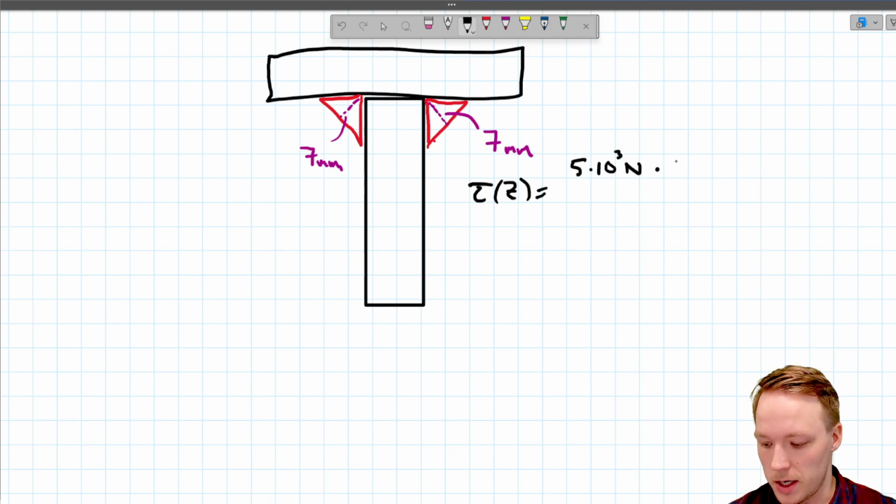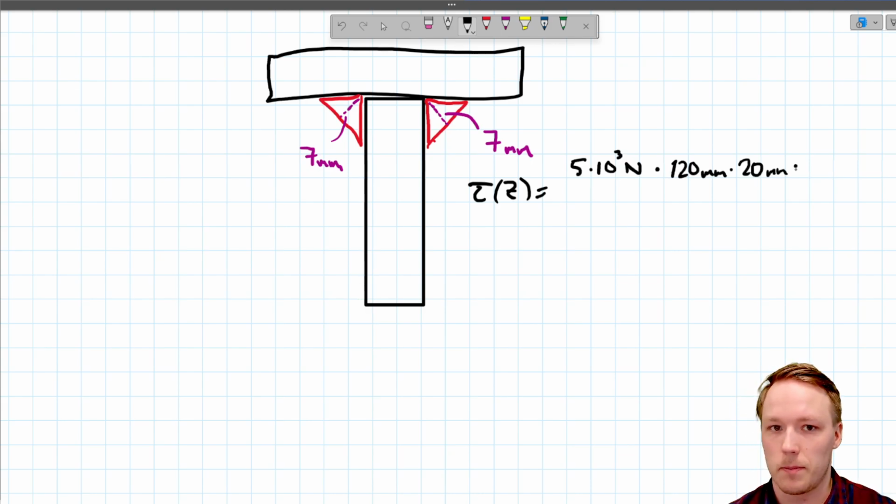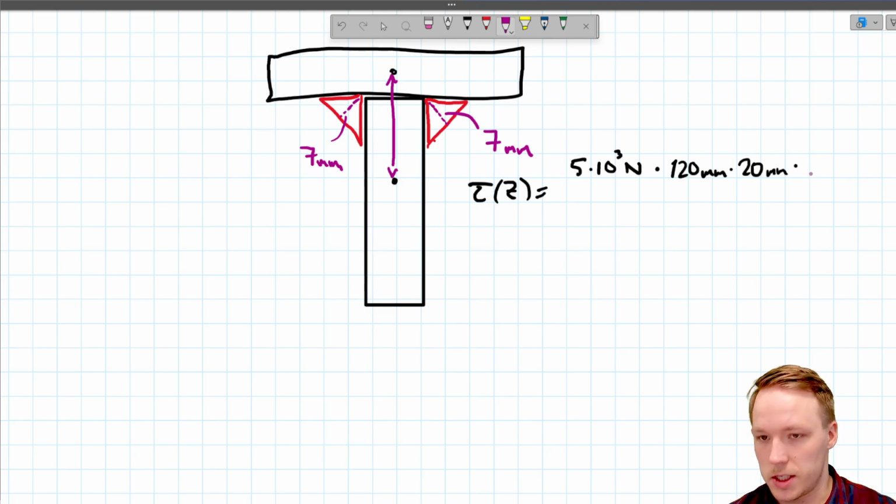The shearing area is the area of the hat here, which is 120 millimeters multiplied by 20 millimeters, which is the thickness of that hat, and then multiplied by the distance from the neutral axis of this to the neutral axis of the entire profile. That distance is 39.